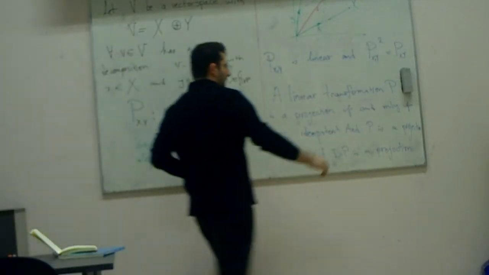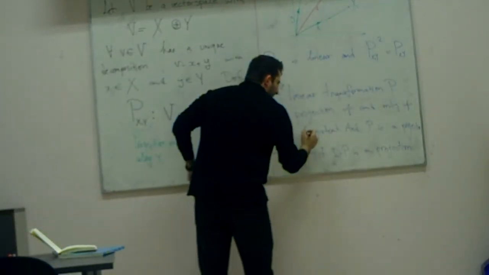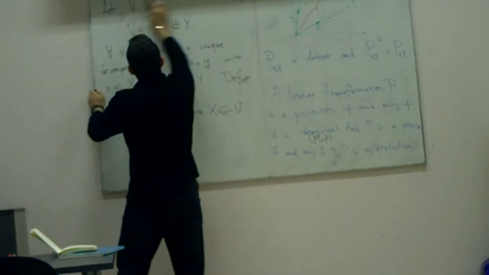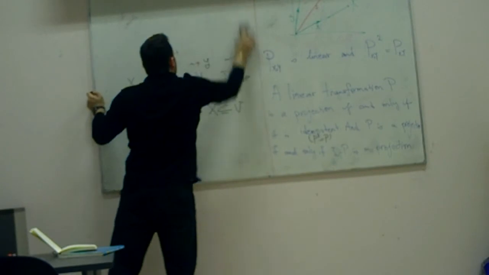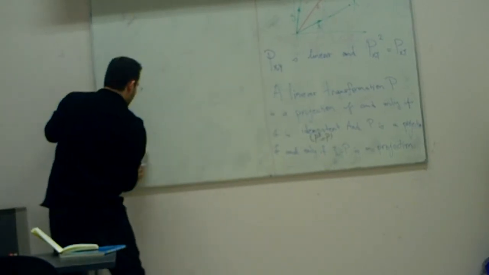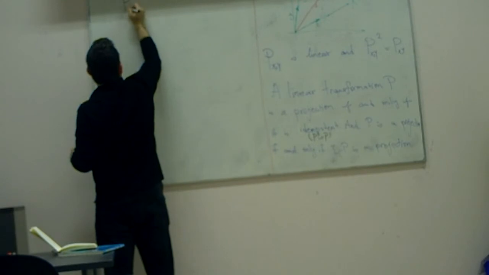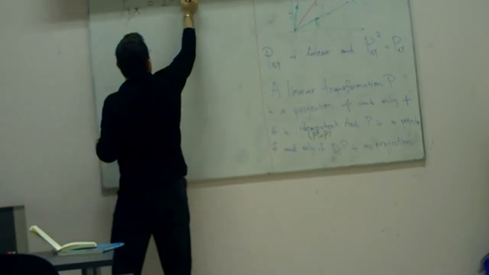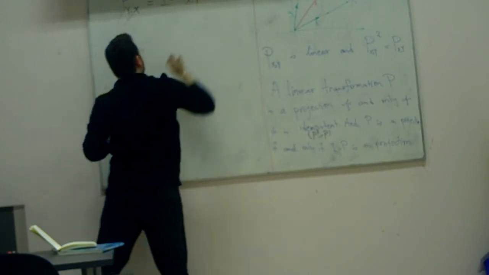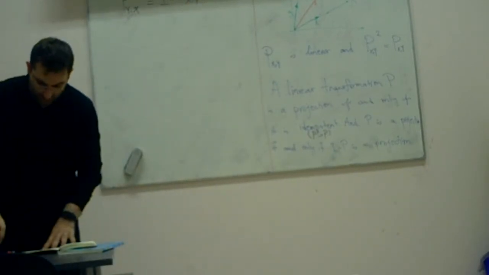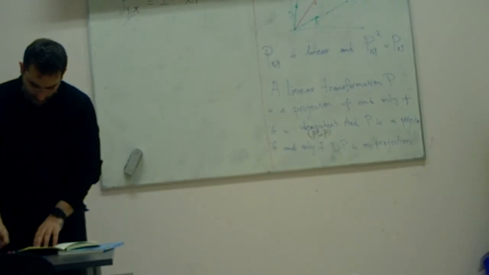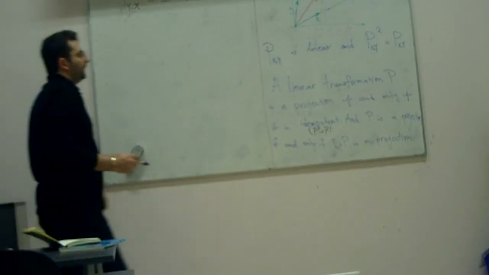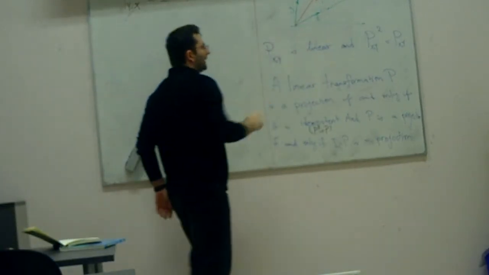As a matter of fact, the projection on Y along X is I minus the projection on X along Y. This is a general form for any X and Y.